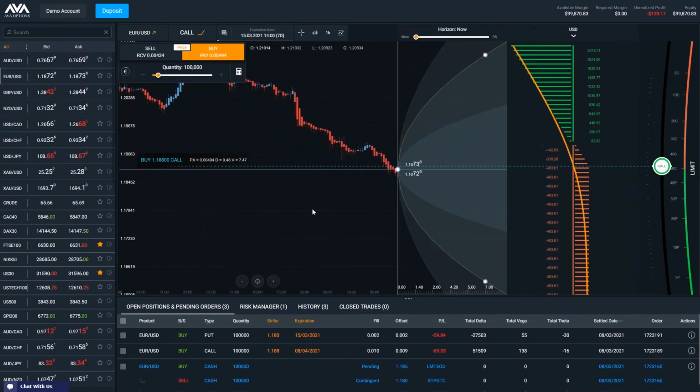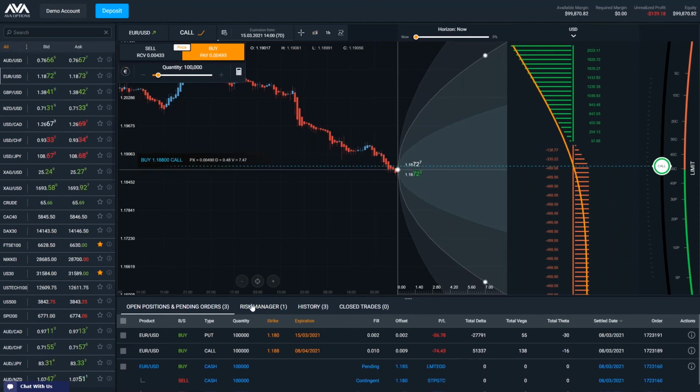So we've spent some money. It comes out of our cash balance, but it doesn't come out of our equity. We're only losing the bid-ask spread. So you can see the P&L right now is showing a loss of about $120 or $130. That's the bid-ask spread on these two options.